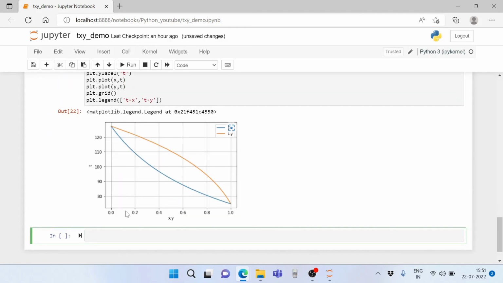And there we have the TXY plot. Isn't that great?